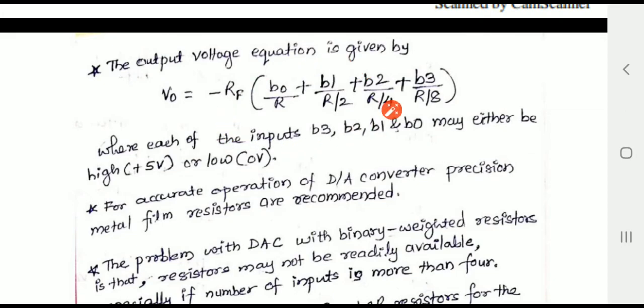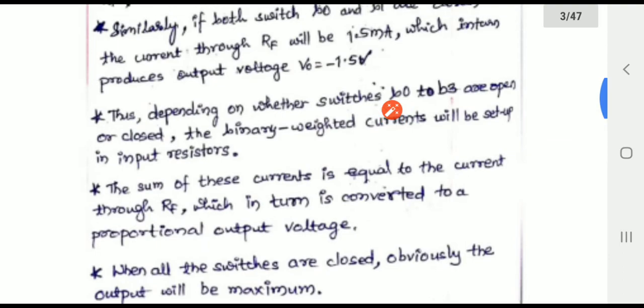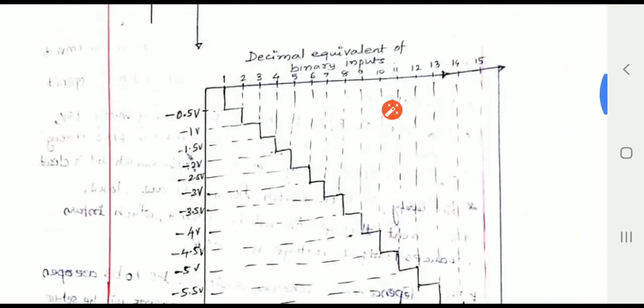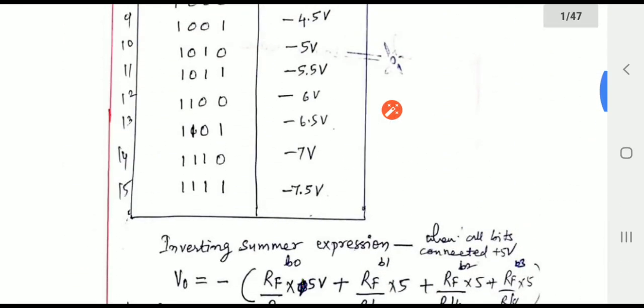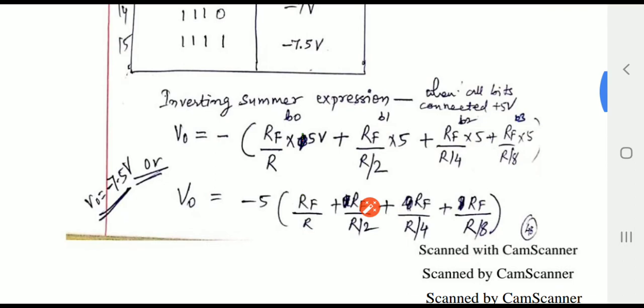If all are selected, the maximum value we get is minus 7.5, which is shown in the truth table here. If all are 1, 1, 1, 1, the output is minus 7.5 volts. This expression is for the inverting summer amplifier, assuming that all the binary bits B0, B1, B2, B3 are 1, which means all are chosen as 5 volts.